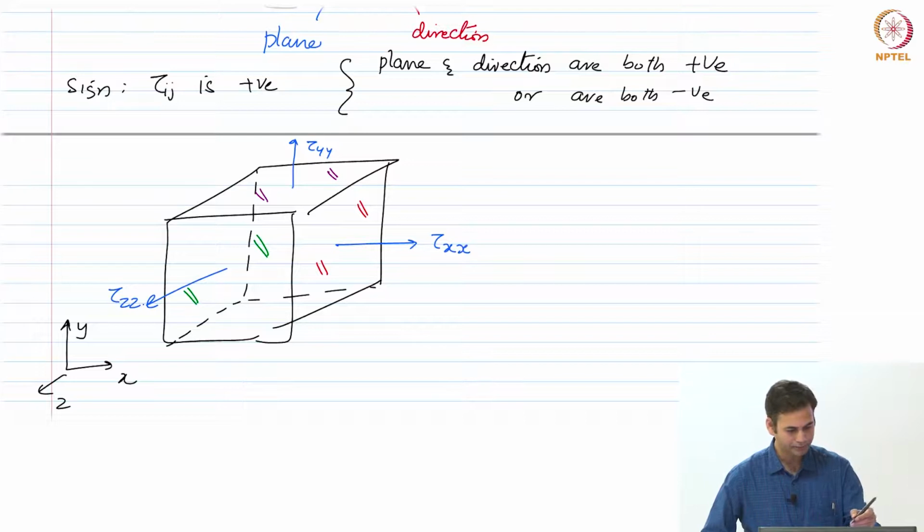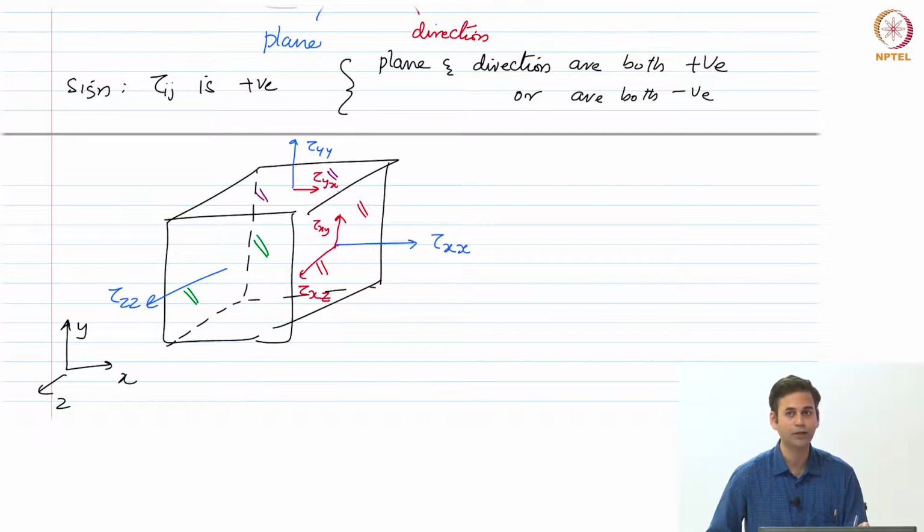Then we can go and look at the shear stresses, right. So, what about the other shear stresses that act on this element? Those are tau xy, that is this one, and this would be tau xz, okay. And then here similarly we have tau yx acting on the y plane in the x direction.